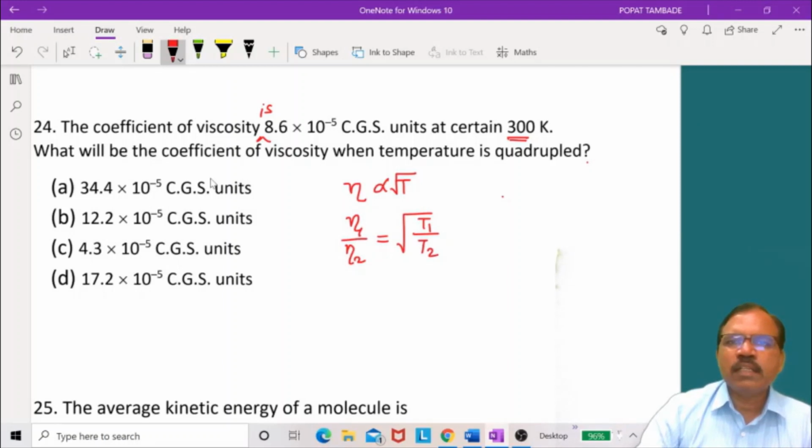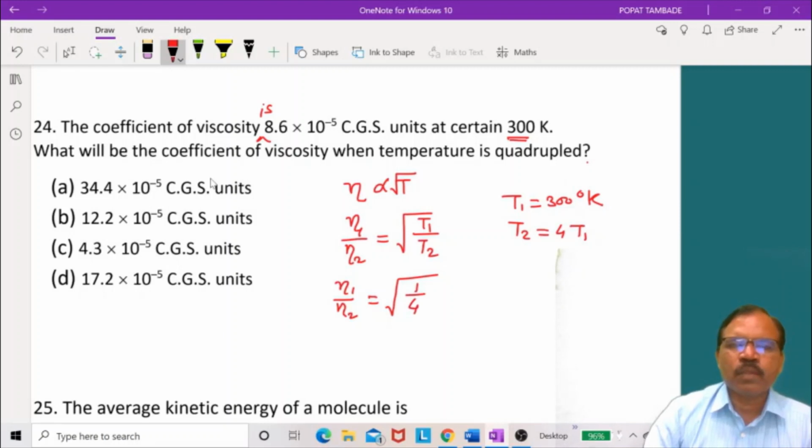Now T1 is 300 degree Kelvin and T2 is quadrupled, means 4 times T1. So eta 1 upon eta 2 is equal to root of T1 upon 4 T1, so 1 by 2.